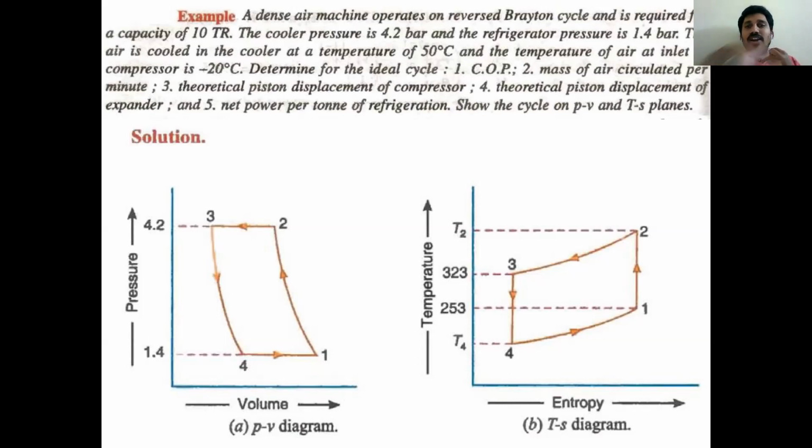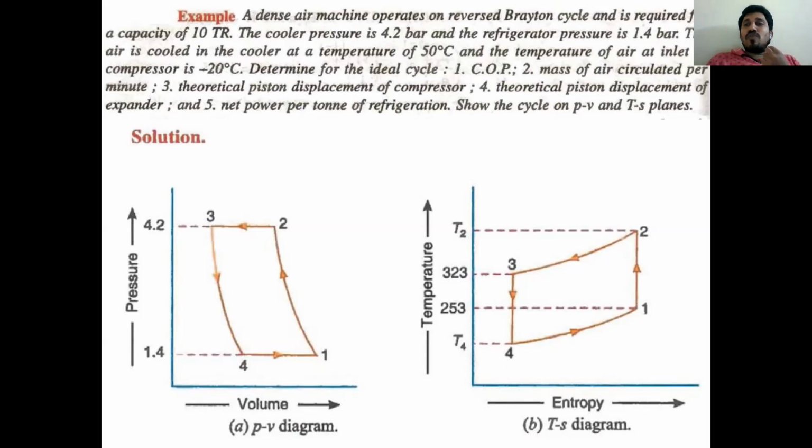Now, the high pressure value is 4.2 bar, so P3 is equal to P2, the highest pressure limit, which is 4.2 bar. The lowest pressure, the refrigerator pressure, is given as 1.4 bar. So P1 is equal to P4, the lowest pressure value in the cycle, which is 1.4 bar.